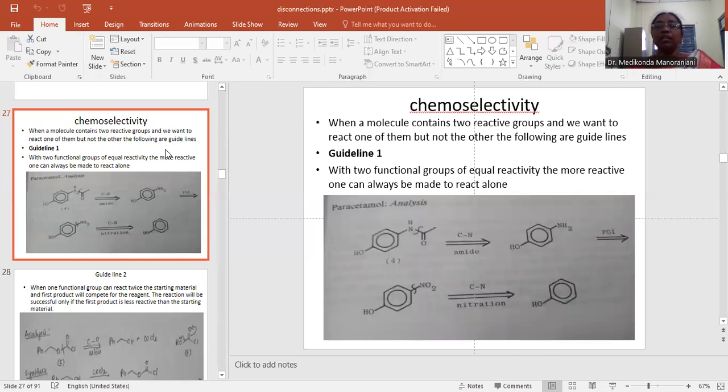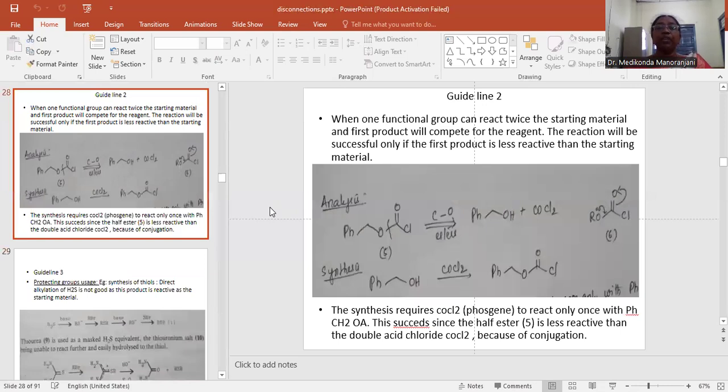So only one can be made reactive and it can react alone. Guideline 2. When one functional group can react twice, the starting material and the first product will compete for the reagent and the reaction will be successful only if the first product is less reactive than the starting material.